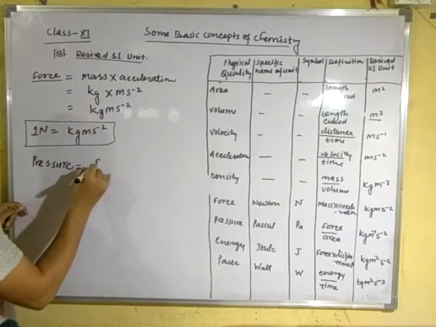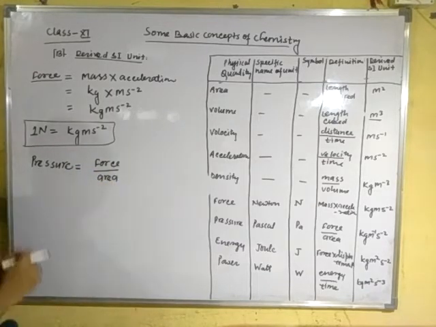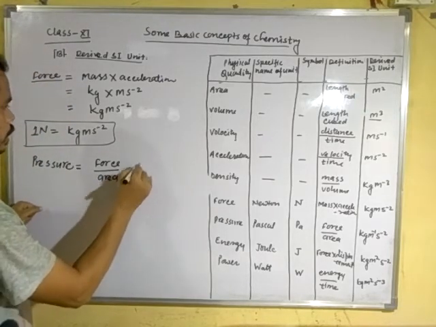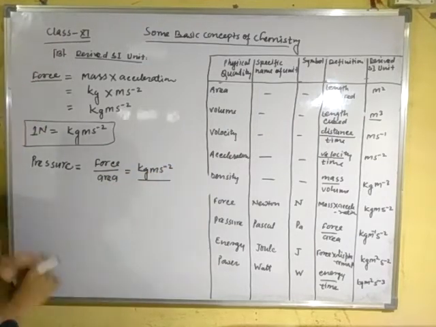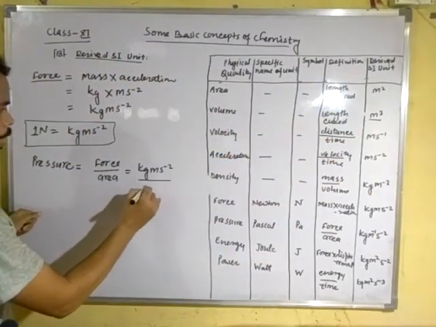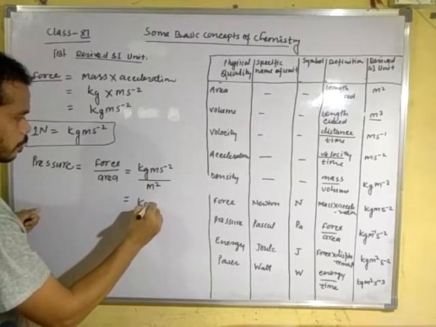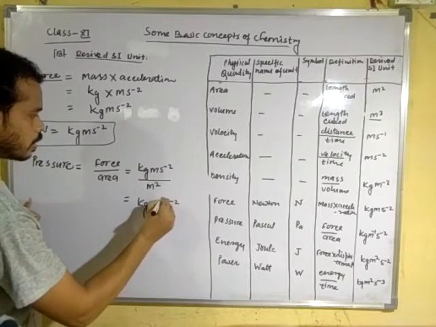Now the unit of force, we can write here, kilogram meter second power minus 2 upon area. We have already found the SI unit of area is meter square. That means right here meter square. After solving it, we will find kilogram meter minus 1 second power minus 2.